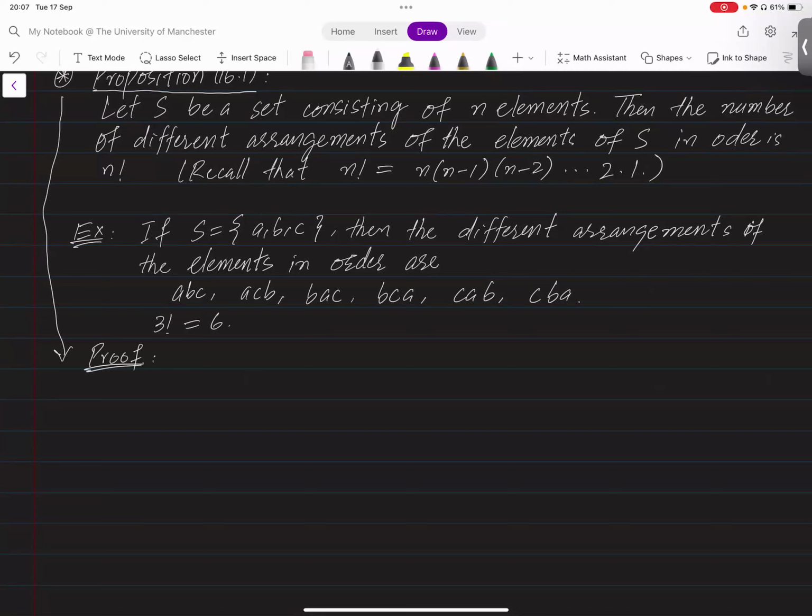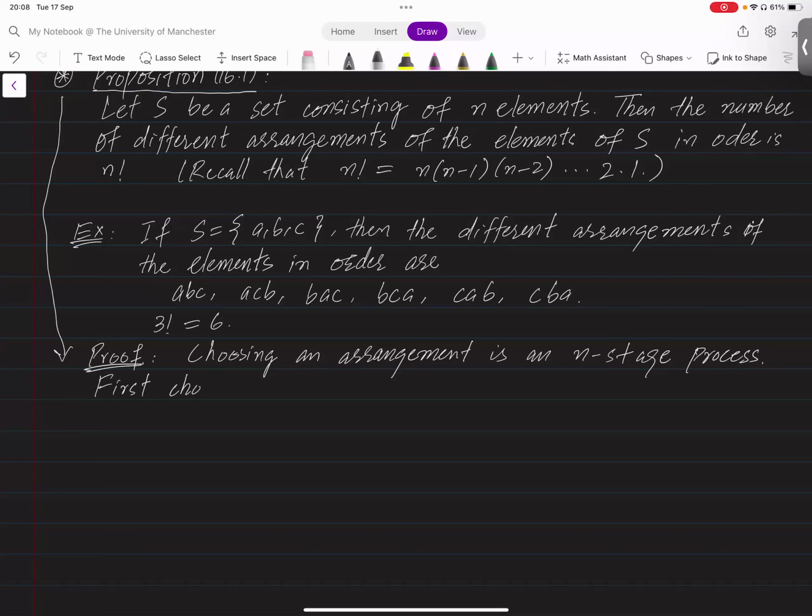Choosing an arrangement is an n-stage process. First, choose the first element, which gives n possibilities.